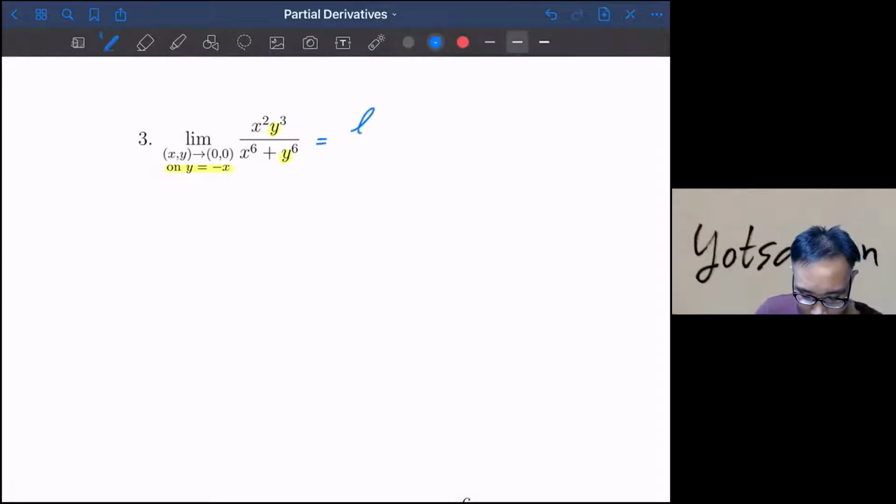So in this case, it's going to be the limit, and you have x squared, and y to the third is going to be negative x to the third. So this one is the yellow guy, and it's going to be over x to the 6 plus negative x to the 6.